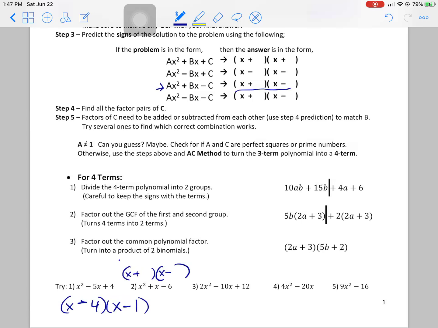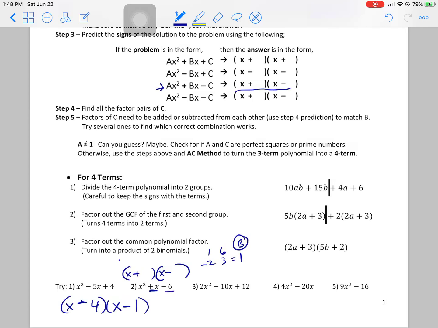So I need factors that make up 6 that are 1 apart. So 6 is a 1 and a 6 or a 2 and a 3. If you subtracted these, if you made the negative 2 and 3 positive, then you'll get a positive 1, which is your b term in this case. See this right here? There's 1 there.